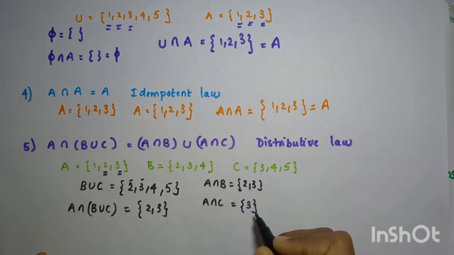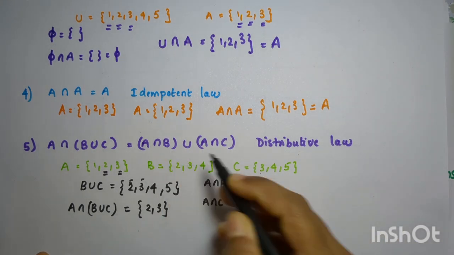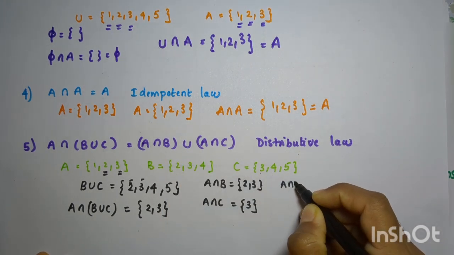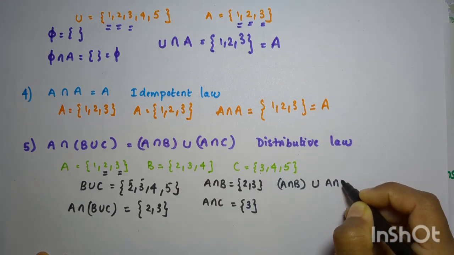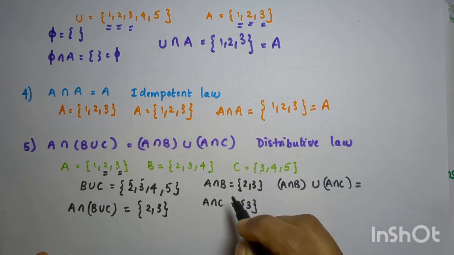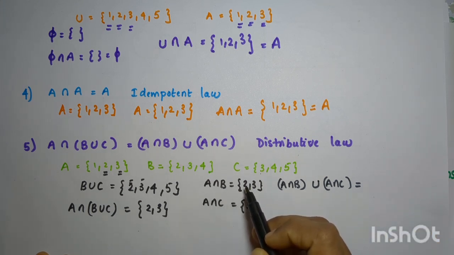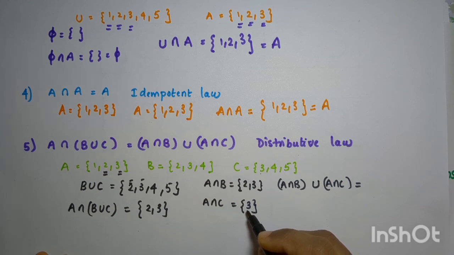Alright, now what about the right hand side, that is (A intersection B) union (A intersection C)? In A intersection B we have these elements 2 and 3. In A intersection C we have the set of this element 3.